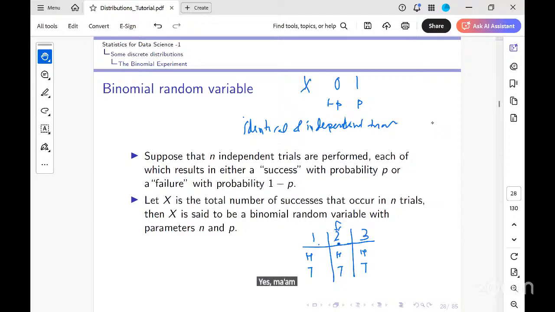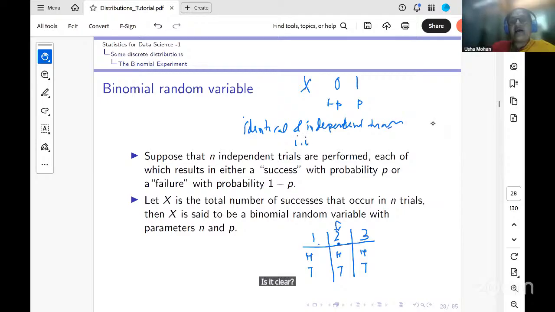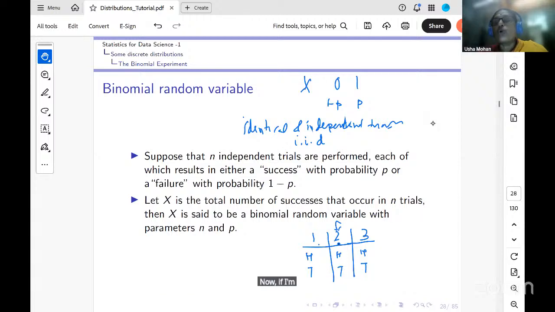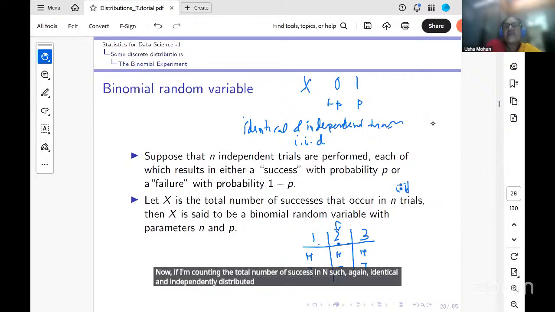Is it clear? Because the outcomes are identical and they are independent with the same probability of success or failure. Now, if I'm counting the total number of successes in n such identical and independent trials, then X, which counts the number of successes in n trials, is called a binomial random variable with parameters n and p.